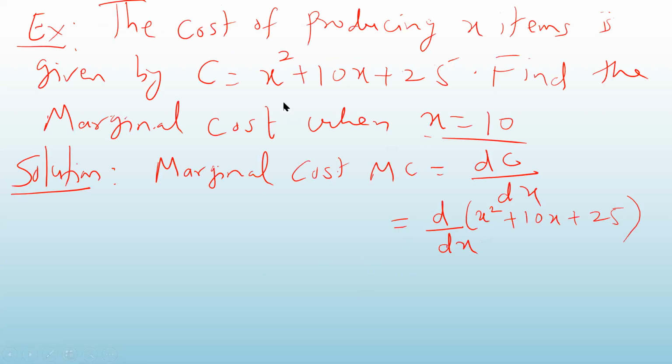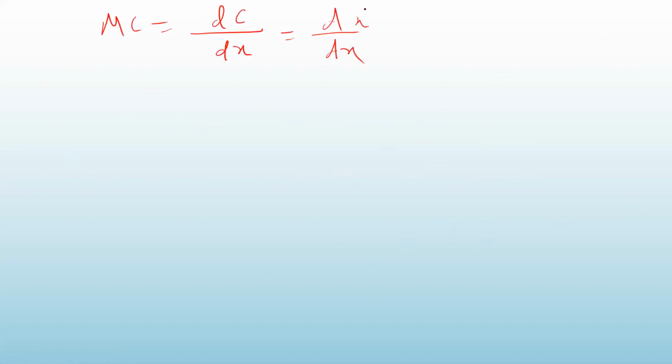Marginal cost is equal to derivative of cost with respect to x. Now what is C? C is x squared plus 10x plus 25. Now how will you take the derivative of this?